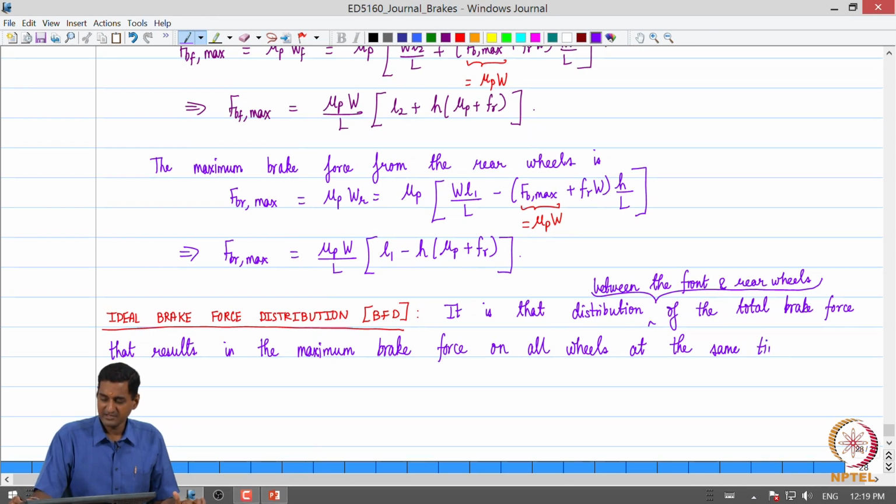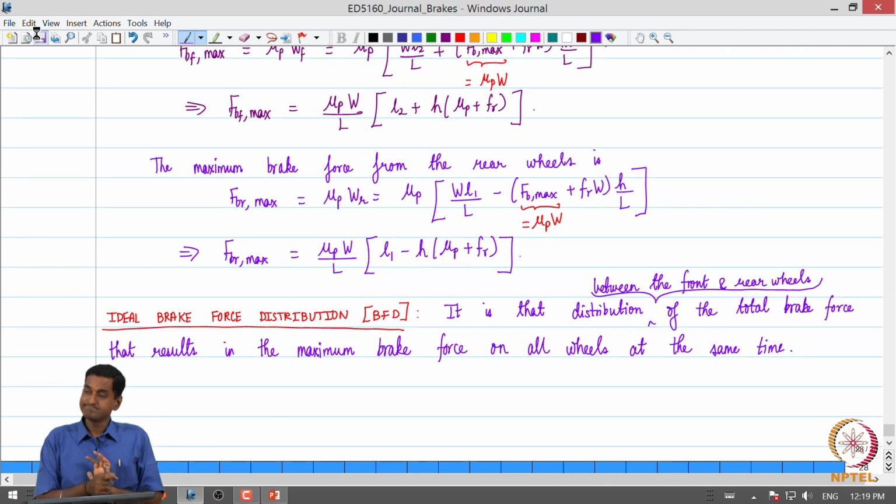So this is what is called the ideal brake force distribution. It is that distribution of the total braking force between the front and the rear that will result in the maximum brake force at all wheels at the same time. In essence, we are utilizing the traction available at each tire road interface to the best extent possible.